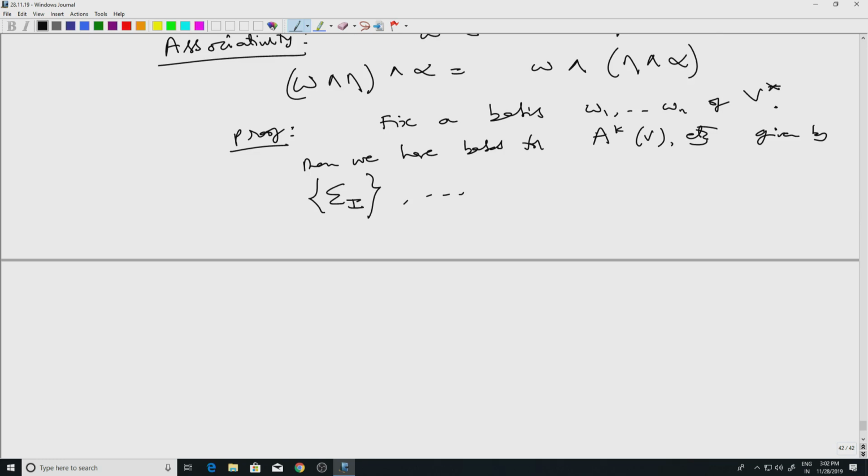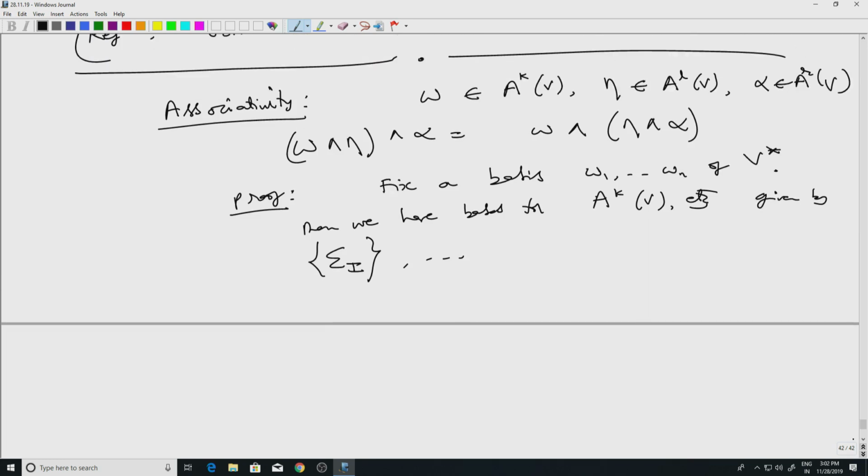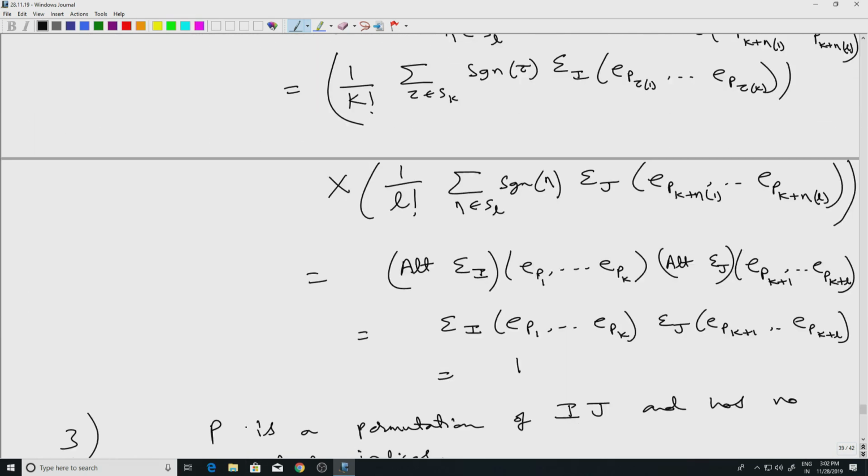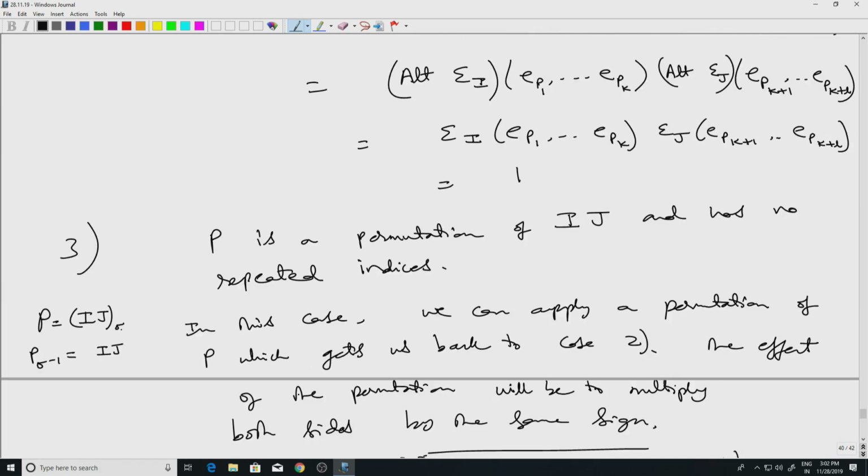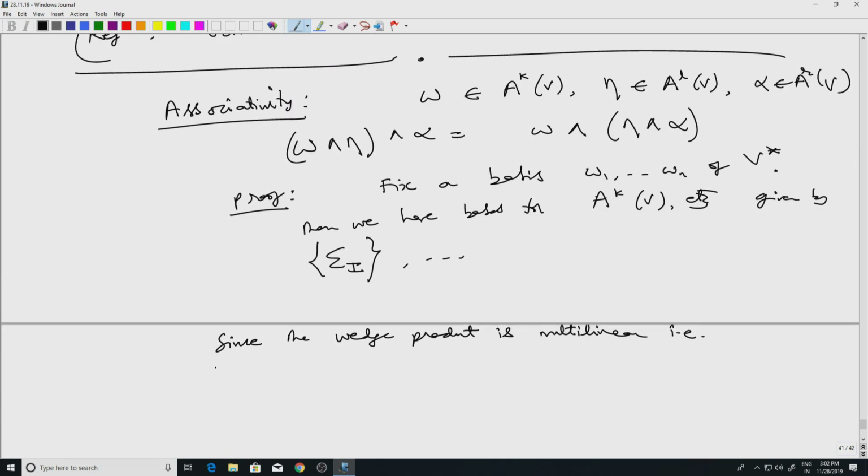Well, once we have a basis for all these spaces, since the wedge product is itself multilinear, this was the first property that I wrote down, the bilinearity of the wedge product, but here actually we have three forms, the same thing carries over.